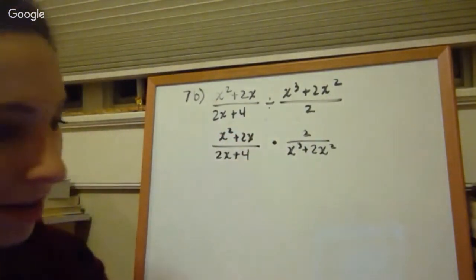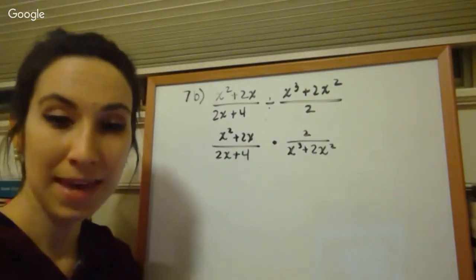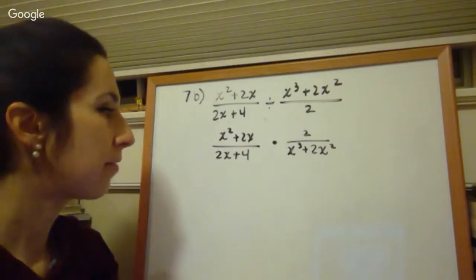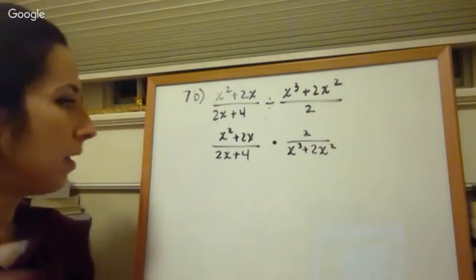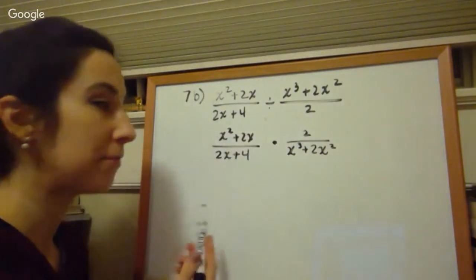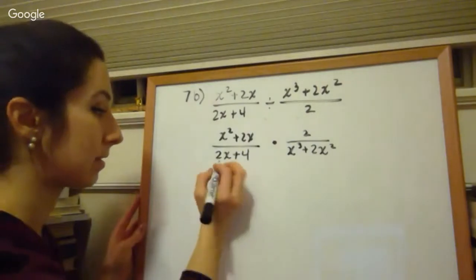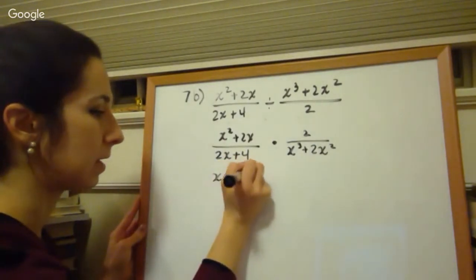Okay, so now comes the fun part. We want to find all the factors that can be canceled. So I'm going to try to factor as many of these pieces as I possibly can. This, I see as being greatest common factor, so I'm going to factor out an x, and I'll be left with x plus 2.